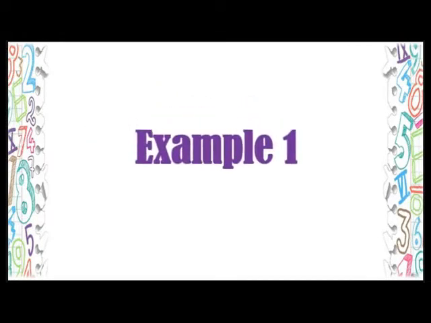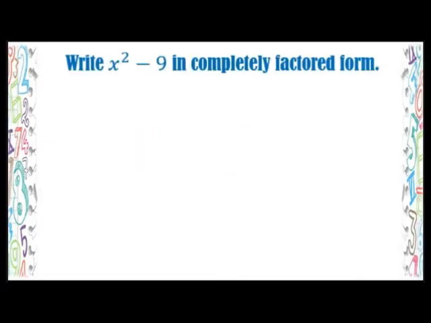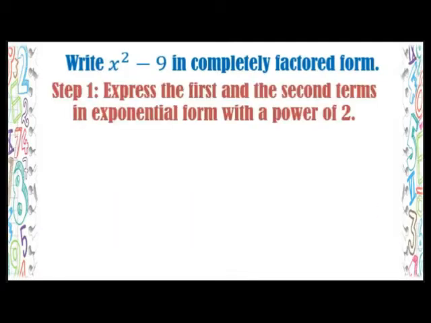Let's have examples on the difference of two squares. First example. Write x squared minus 9 in completely factored form. Step 1. Express the first and the second terms in exponential form with a power of 2.